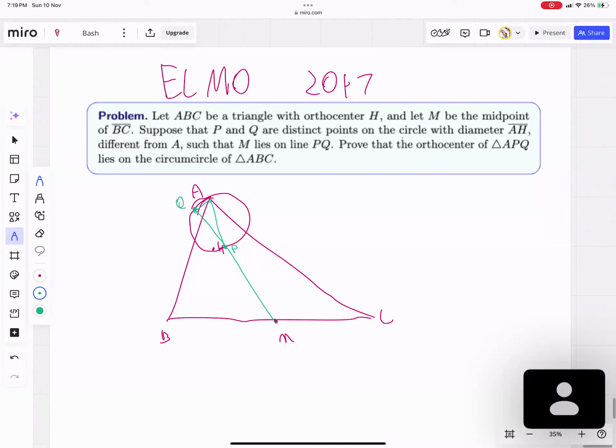Oh, so think about what we want to prove. We want to do something about the orthocenter of APQ. So thinking of setting the diameter circle as the unit circle. What are you saying? I'm thinking of setting the other circle as the unit circle instead of the circumcircle of ABC. Yes, that's the main thing. Since if we set ABC to be the unit circle, M is really easy to encode using P and Q, because we know the formula you gave us.